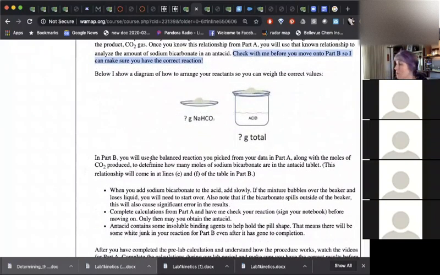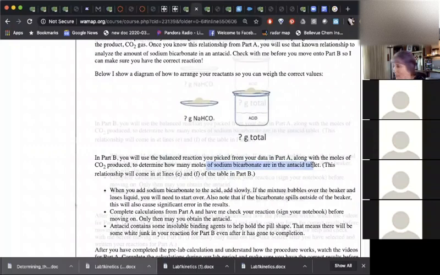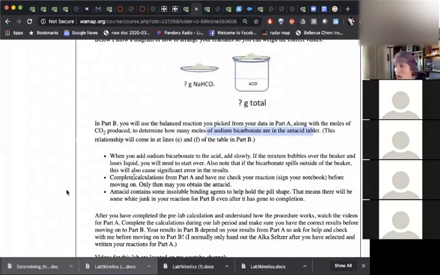All right, so in part B, you're going to use that reaction you picked from part A to determine how much sodium bicarbonate was in the tablet. I left in some procedure notes. When you add sodium bicarbonate into the acid, you have to add it slowly.